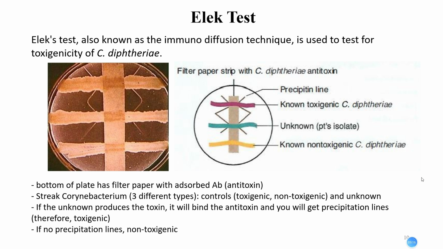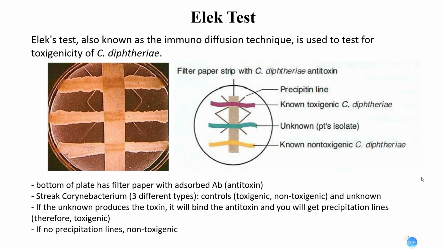This is a real plate. You can see the precipitating line. If you see the precipitating line, you would say that this strain is toxigenic, while this strain is not toxigenic.